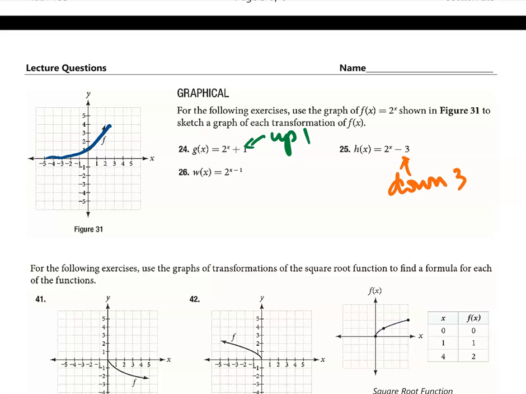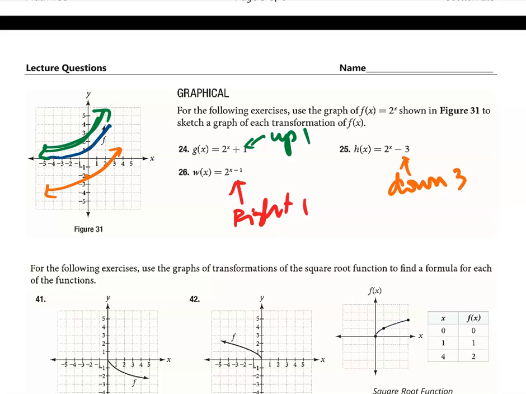Then 2 raised to x minus 1, that is 1 to the right. So let's do that. Up 1, it's green, so we go up 1. And then down 3, the orange: 1, 2, 3, should have something like this.